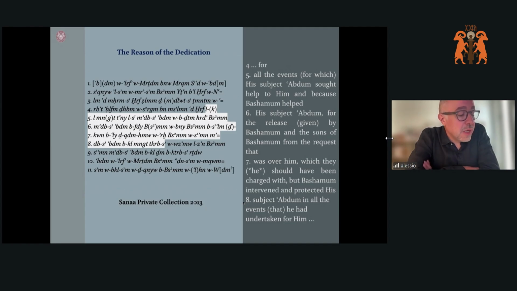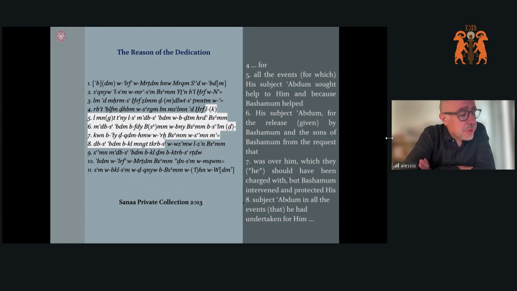The phrase "the release given by Bashamum and the sons or descendants of Bashamum" requires some additional observation. On syntactic grounds, Fadai could be interpreted as a noun in a construct state governed by two subsequent elements, so the divinity Bashamum and the descendants of Bashamum. This suggests the involvement of both a divine agent and a human group in the release of Abdum from his obligations.